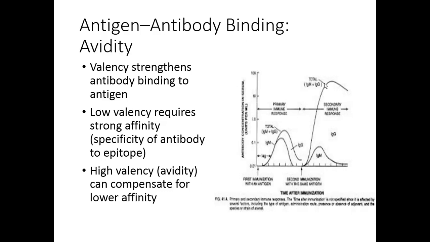So we don't need all of those binding sites to hold the bond together, because the specificity of the antibody that's produced, the IgG that's produced, is so strong and exact to the epitope that we were exposed to. So avidity and affinity can really be seen in this primary and secondary immune response when exposed to a pathogen.